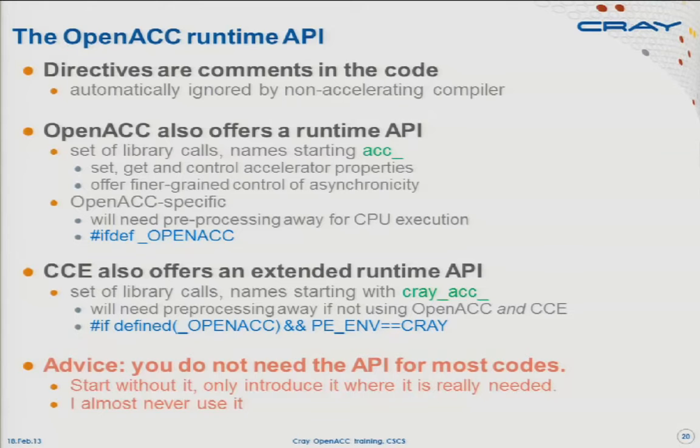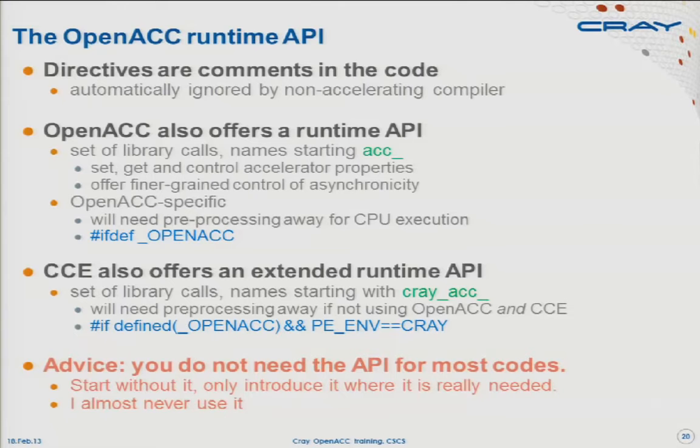Now, a big topic of the standard, if you look in the little folder you get there, is the Runtime API. This is function calls that you can make in your code that allow you to do OpenACC types of things. Directives were comments in the code that are ignored if the compiler doesn't understand OpenACC.